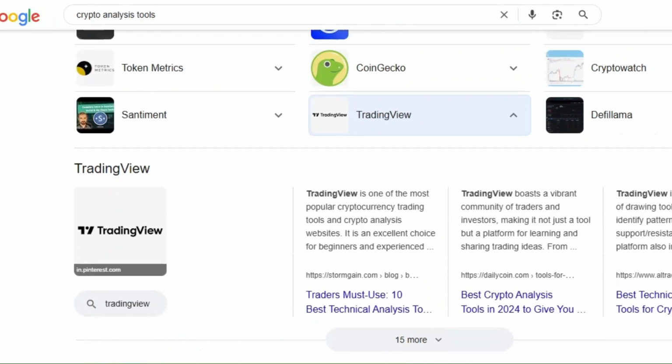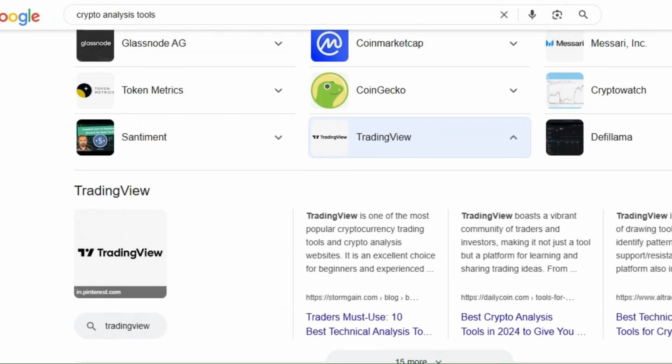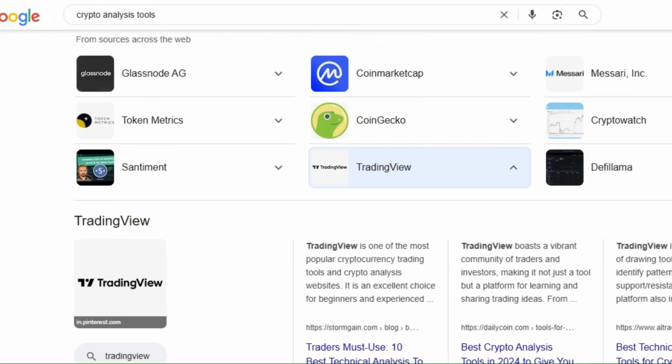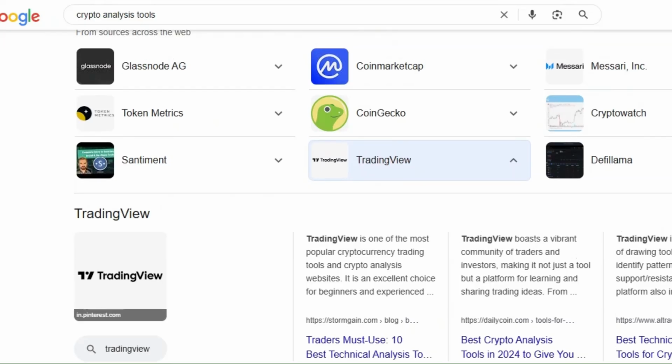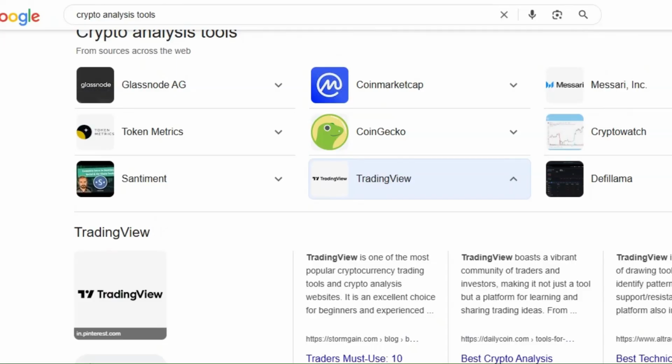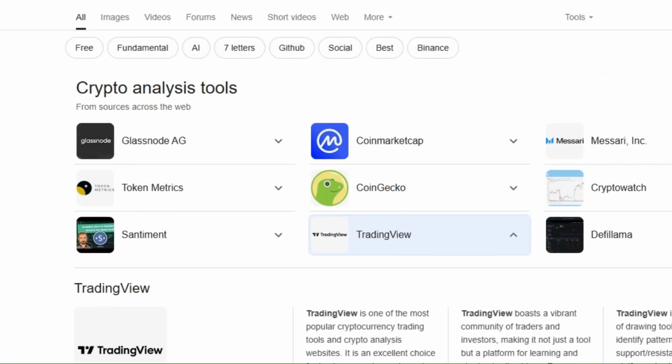This platform includes an array of drawing tools to help traders identify patterns or trend lines and support resistance levels. The platform also integrates many other tools, guys.